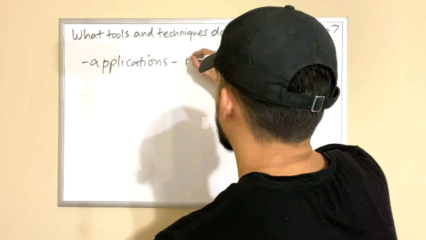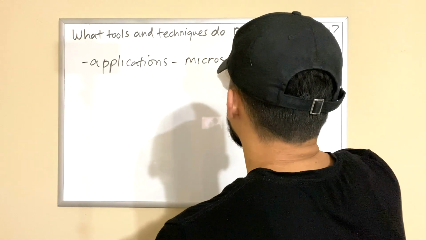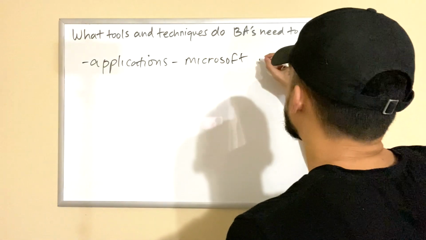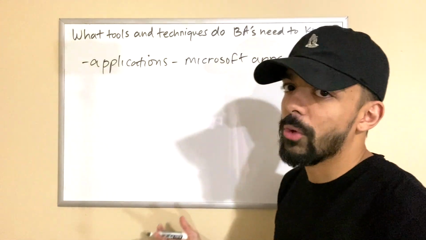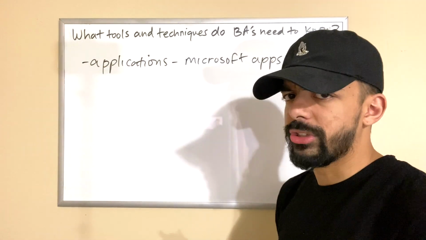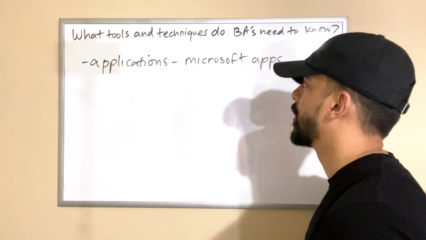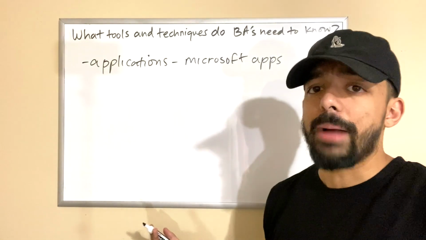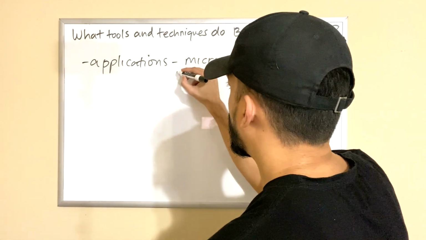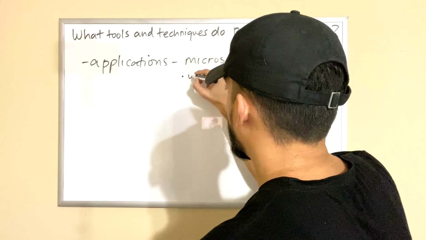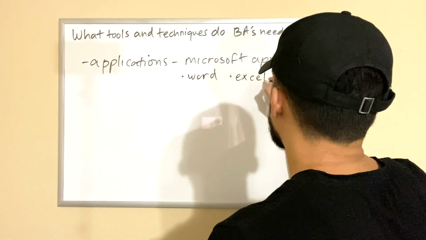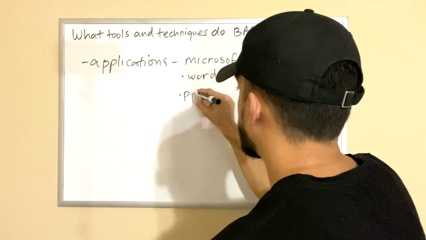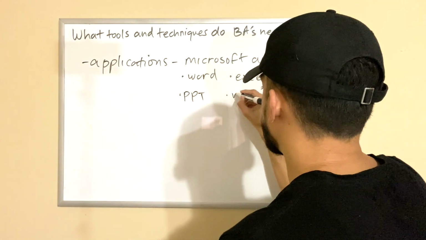These are the Microsoft applications that we all use, or I should say most of us use and have exposure to. Most people should have, if not all, exposure to a lot of these applications, okay? And they're the ones that you guys are all well aware of. You've got Word, you've got Excel, you've got PowerPoint, and you've got Visio.